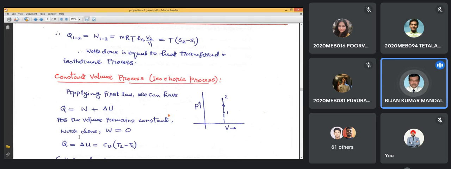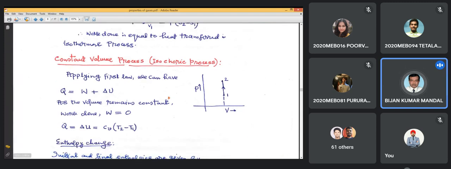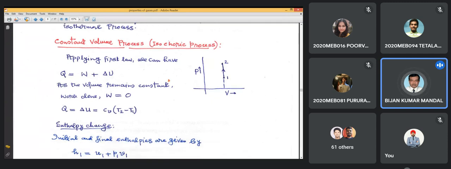If we apply the first law, Q is equal to W plus delta U, and W is 0 because there is no change in volume, so PdV is 0. Therefore, Q is equal to delta U, which is equal to Cv into T2 minus T1, because delta U is always Cv into T2 minus T1.